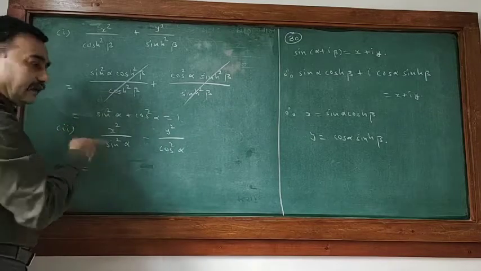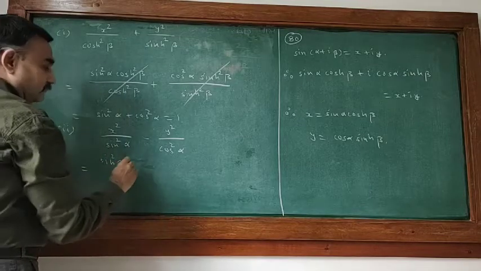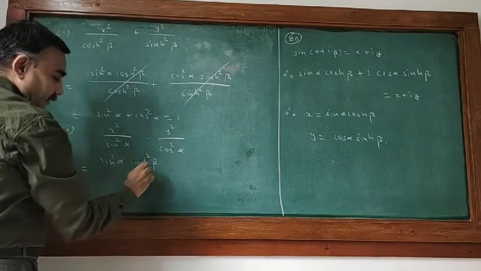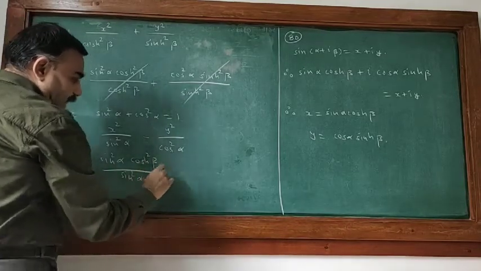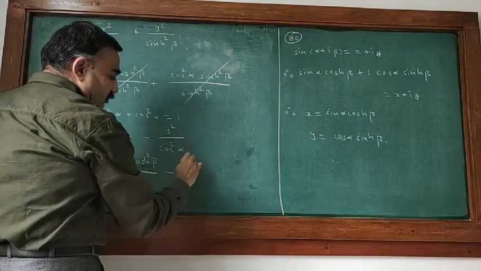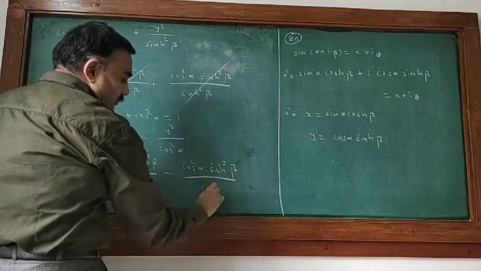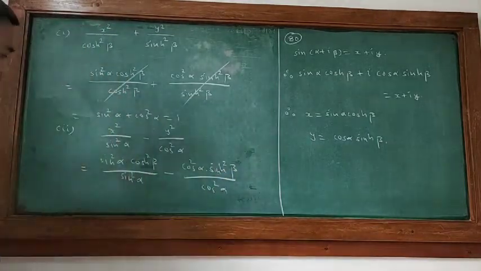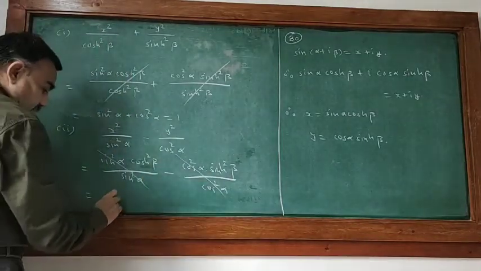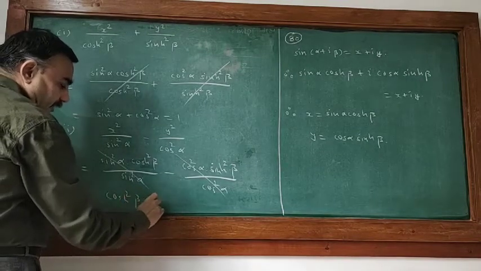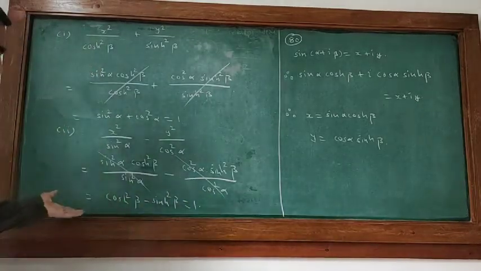We just put them here and find the solution, and that is sin square alpha into cos hyperbolic square beta upon sin square alpha minus cos square alpha sin hyperbolic square beta upon cos square alpha. So again we can cancel out both these terms. So here we have cos hyperbolic square beta minus sin hyperbolic square beta, and we know very well that this is equal to 1.